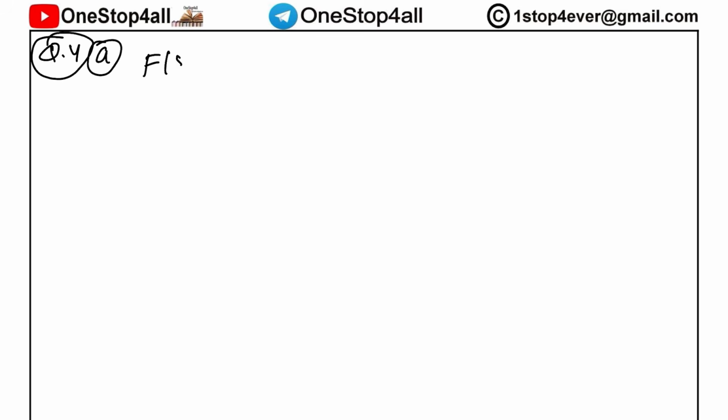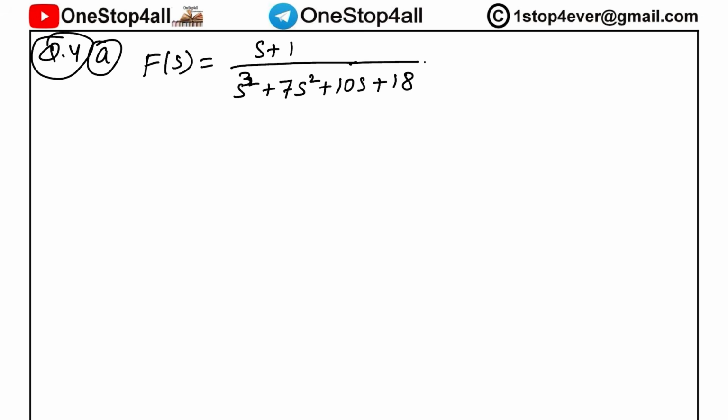F of s is given as s plus 1 divided by s to the power 4 plus s cube plus 7 s square plus 10 s plus 18. Let this one be the numerator function of s over the denominator function of s.